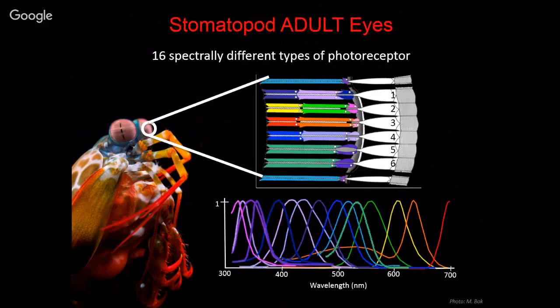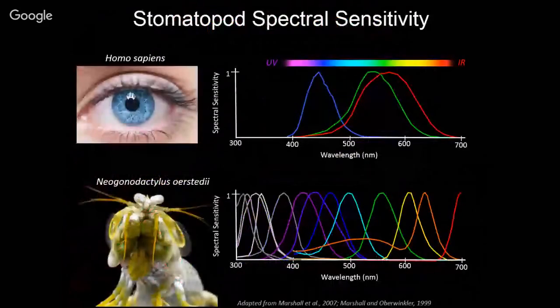So to give you some perspective on how unusual this is for an animal visual system, compare the stomatopod set of receptors to our color vision system. We have a trichromatic color vision system. We have a blue, a green, and a red receptor. And with those 3 sets of receptors, the diversity of colors that we see is a very large diversity.